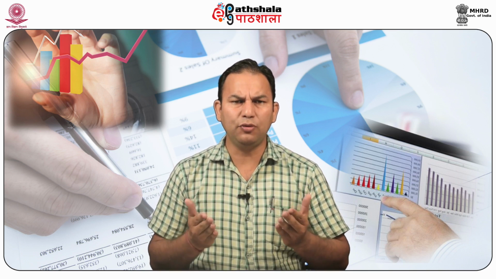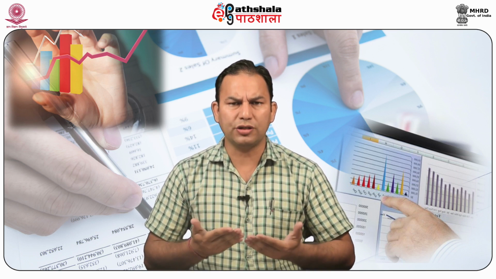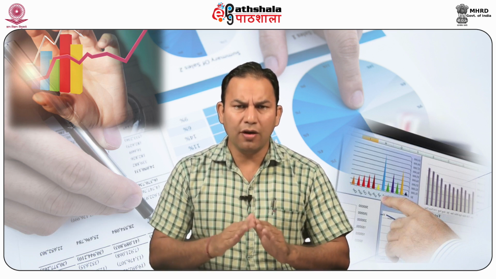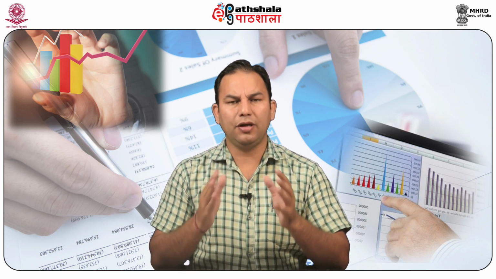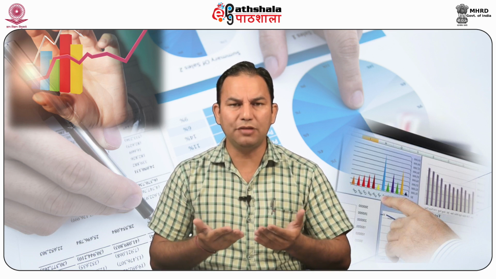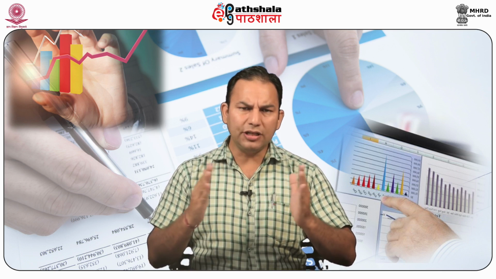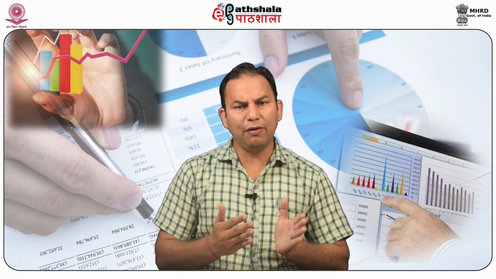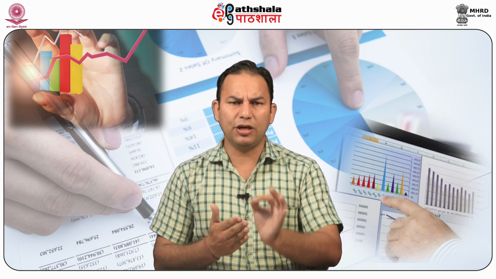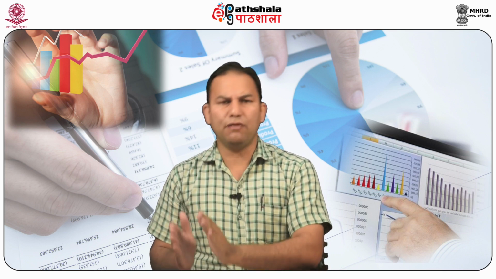It is often prepared with the objective to reveal the correct sources from where funds are generated as well as the application of funds where they are used up. Also, it is prepared with the objective of helping the management in preparing budgets, formulating policies, and judging the financial position of the firm. There are two formats available for preparation of a fund flow statement: statement form and T form.